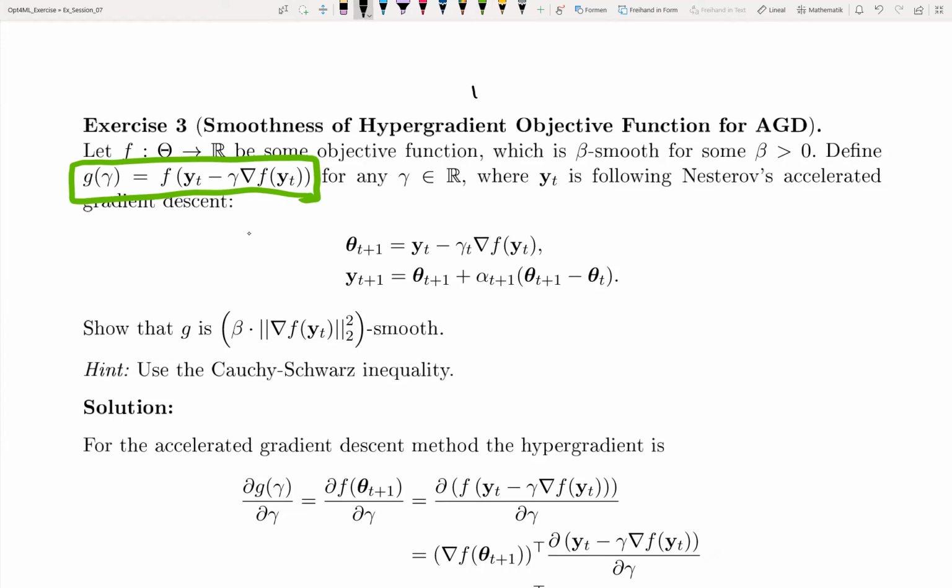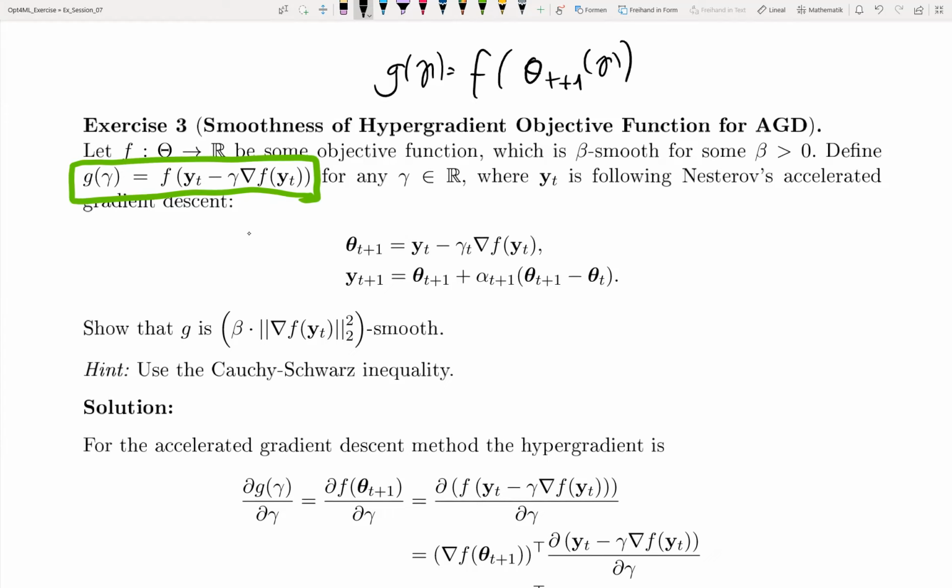In general, your objective value function, you can also make it coordinate-wise dependent, but let's keep things simple. It's something like theta t plus 1, where theta t plus 1 depends somehow on gamma, the step size. And it can depend on the step size in different ways.